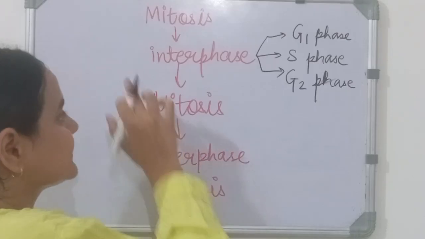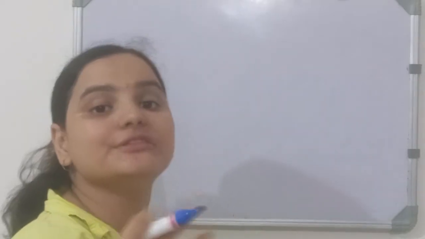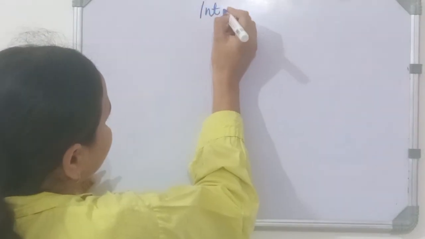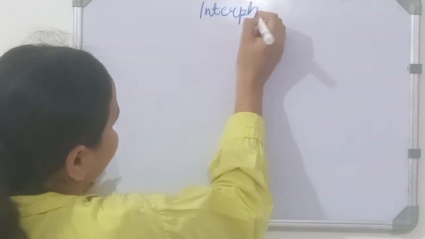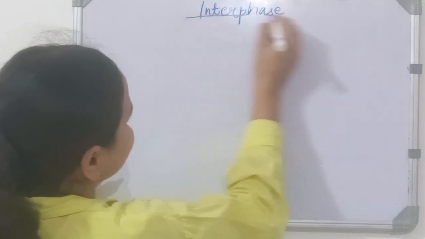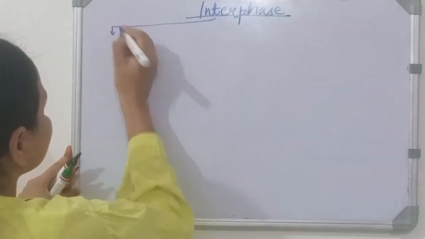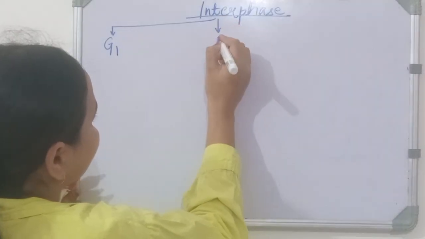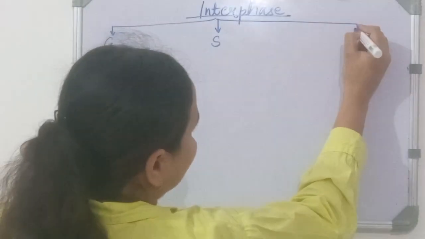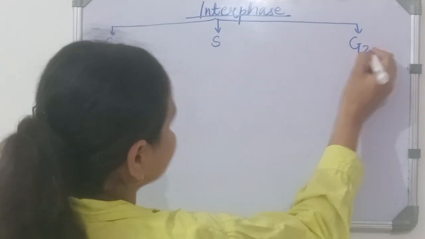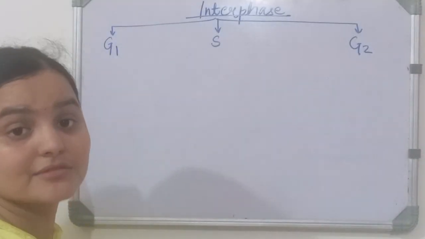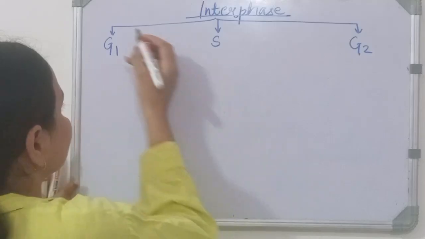So let's study interphase in detail. Interphase is divided into three subphases, which are known as G1 phase, S phase and G2 phase. This G1 phase is also known as first growth phase.